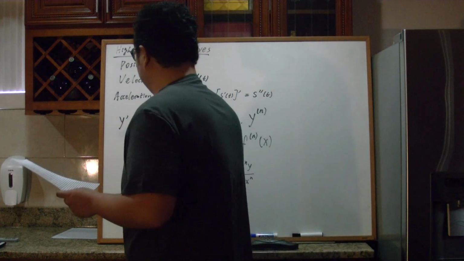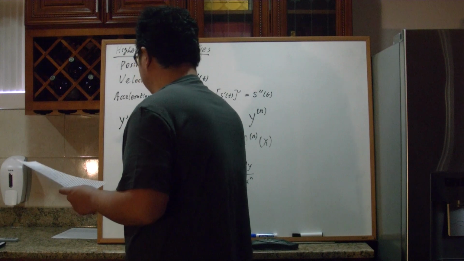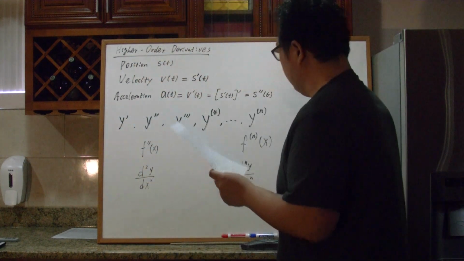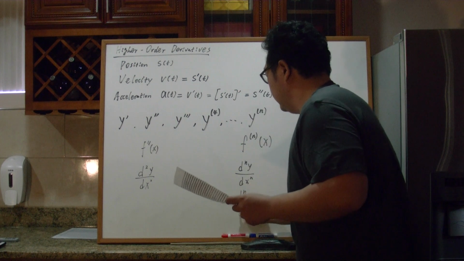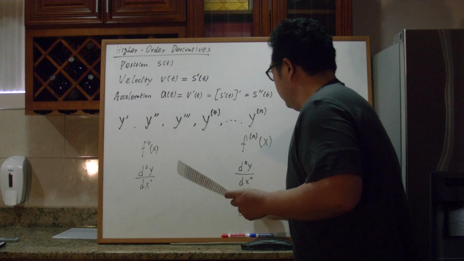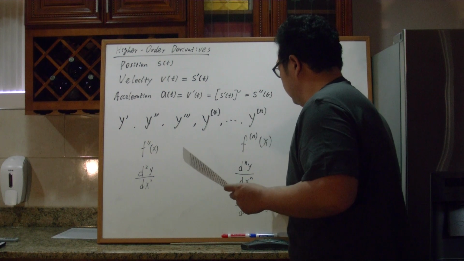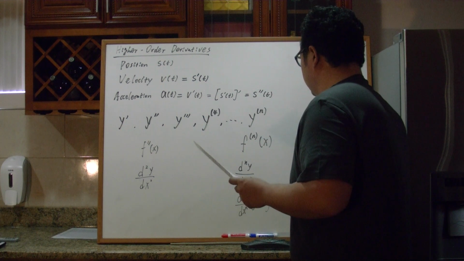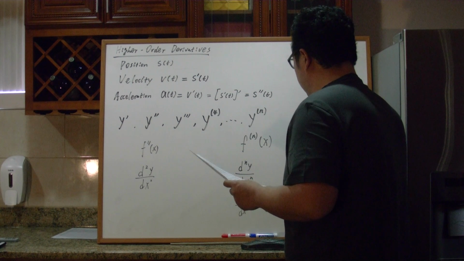For the second derivative, we use d2y over dx squared. Or d^n over dx^n of f of x, that's another notation. Or d with respect to x of f of x, to the nth derivative.